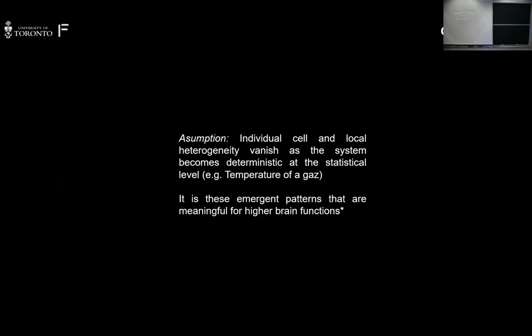These types of systems are not specific to neuroscience. It's a very common type of structure in physics. You have some compounds, some gas, some fluid. There's nothing special about here versus here.